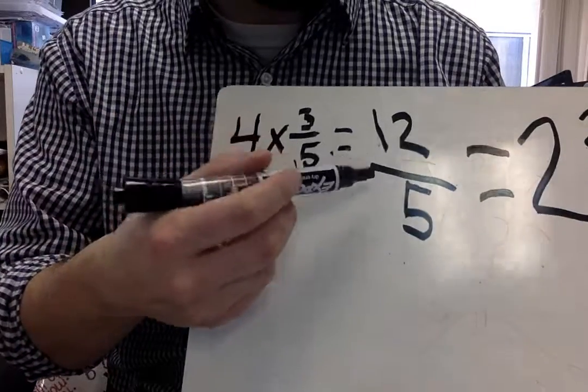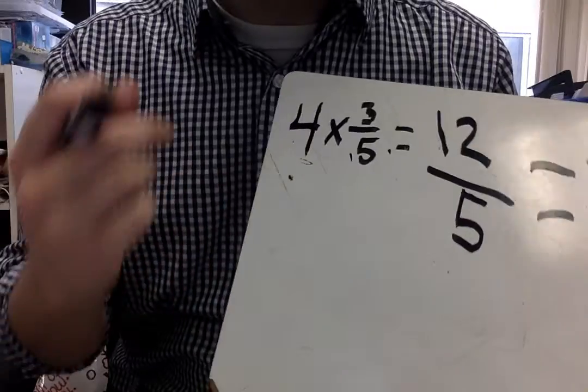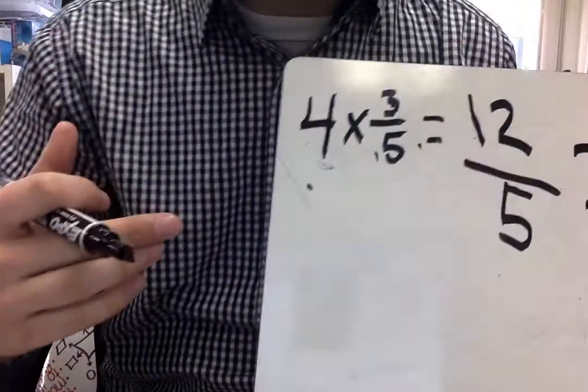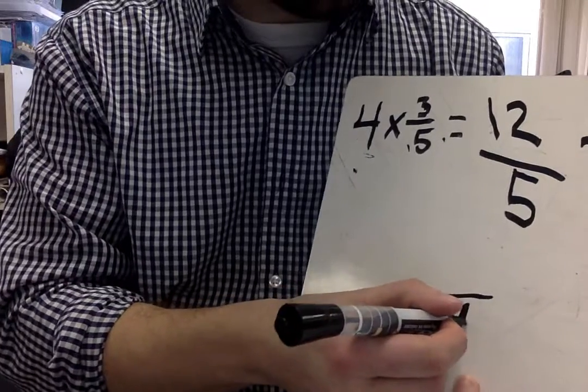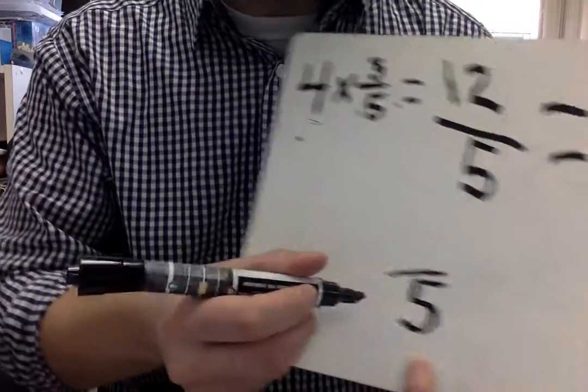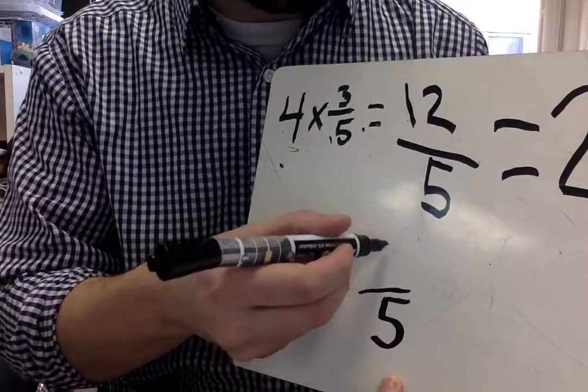Well, how can we put our fraction into unit form? Remembering all the way back when we started learning about fractions, unit form is when our numerator is 1. So our units aren't going to change. We're still working with fifths.